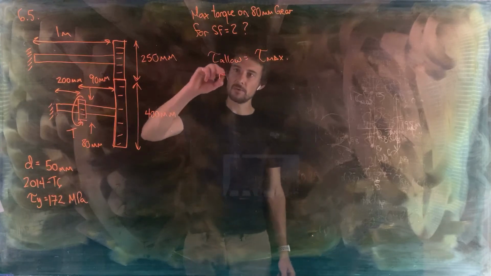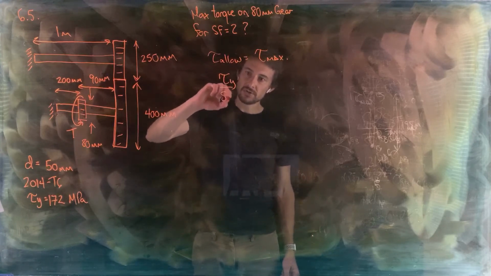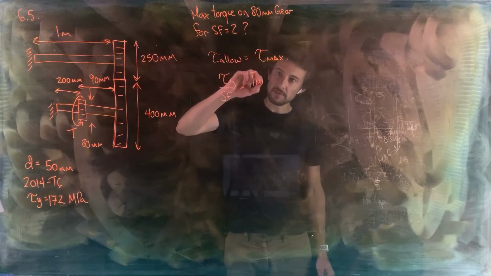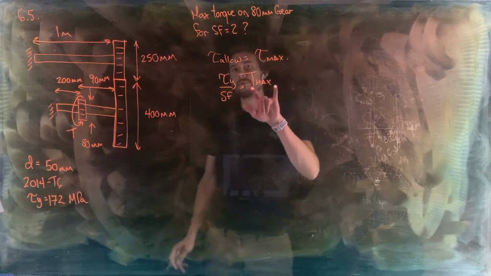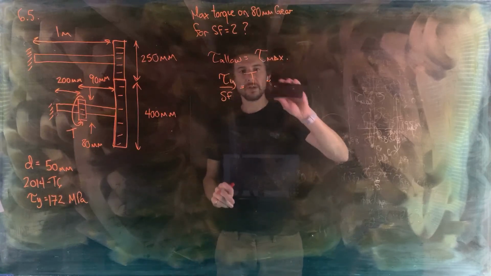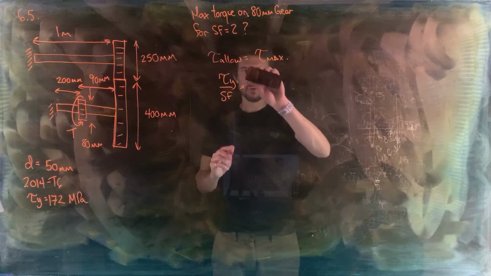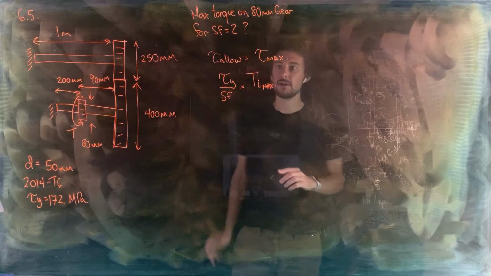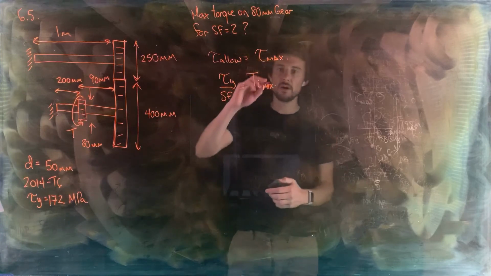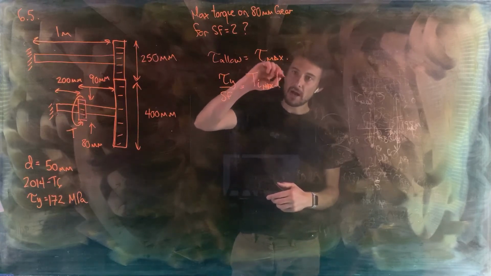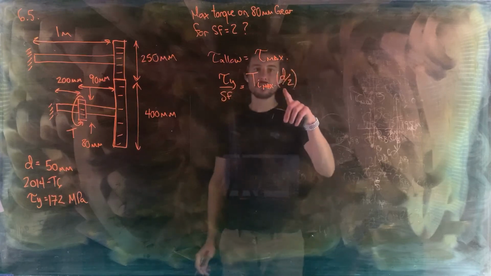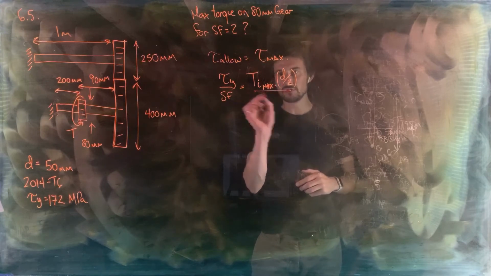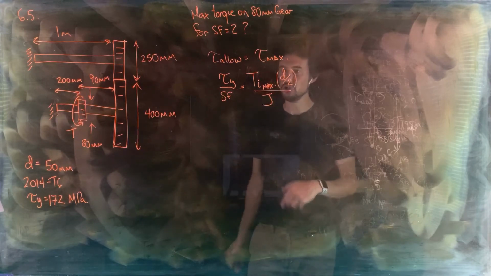The allowable stress is the shear yield strength divided by the safety factor, and our maximum shear stress is given by the maximum internal torque, and again, I'll just change this to T_I max, just to make it abundantly clear that we're talking about maximum internal torque here, multiplied by the radius of the cross section, because it's at the circumference that the maximum shear stress will occur, divided by J.